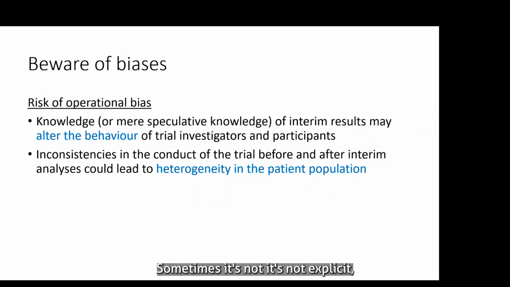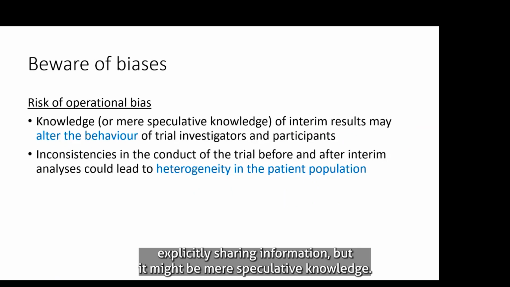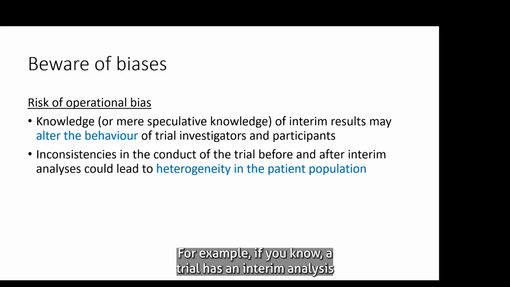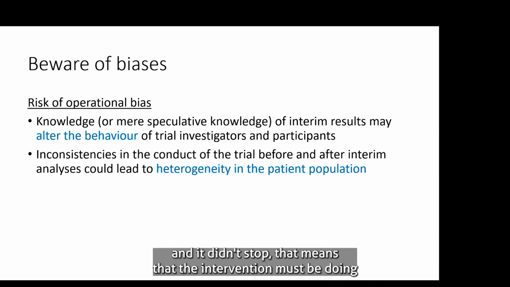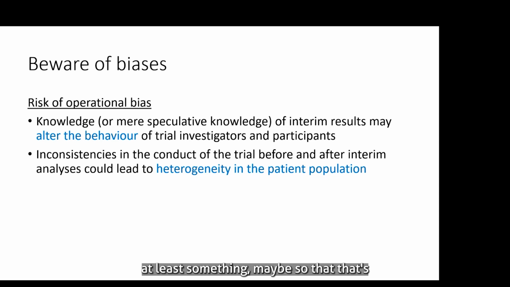Sometimes it's not explicitly sharing the information, but it might be mere speculative knowledge. For example, if you know a trial has an interim analysis and it didn't stop, that means that the intervention must be doing at least something, maybe. So that's that kind of level of information.